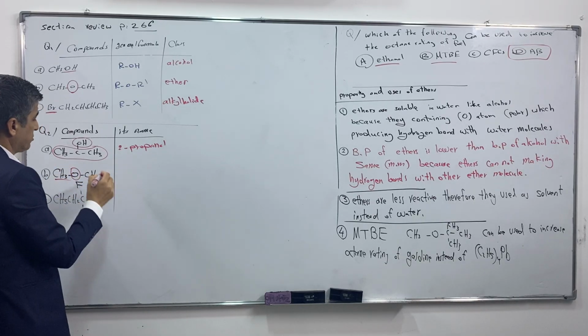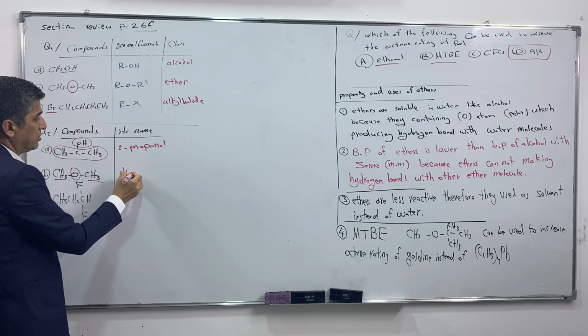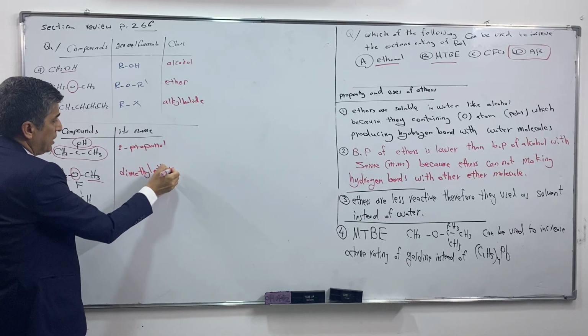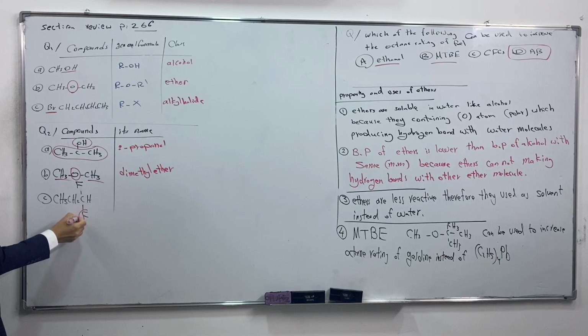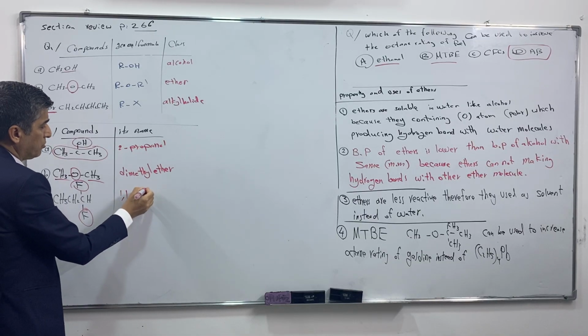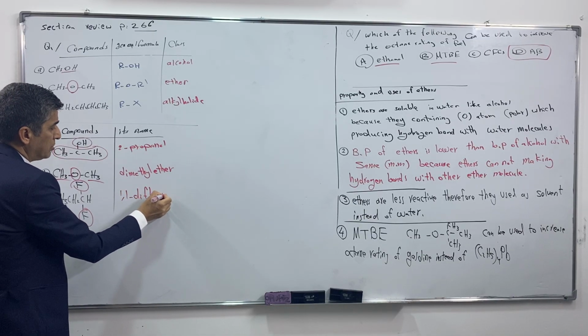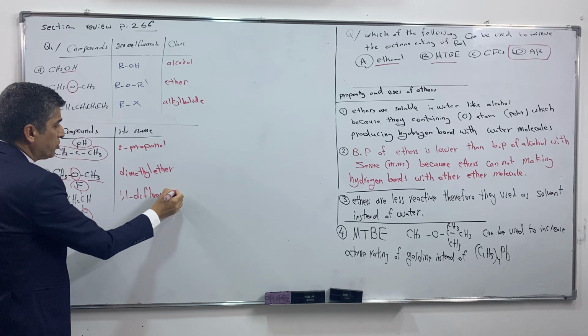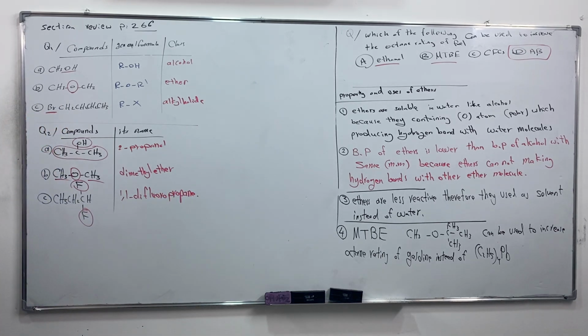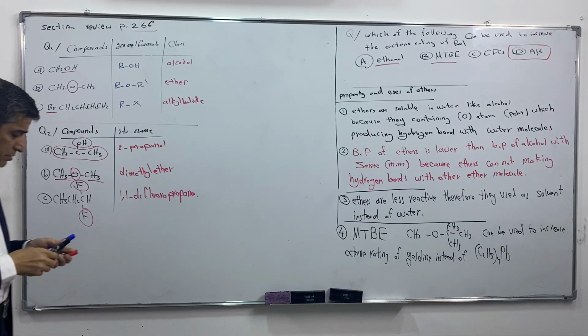So we have an ether, dimethyl ether. And in this compound, we have two fluorine atoms connected to the first carbon of this chain. It will be 1,1-difluoropropane. Why propane? Because we have 3 carbon atoms in this chain.